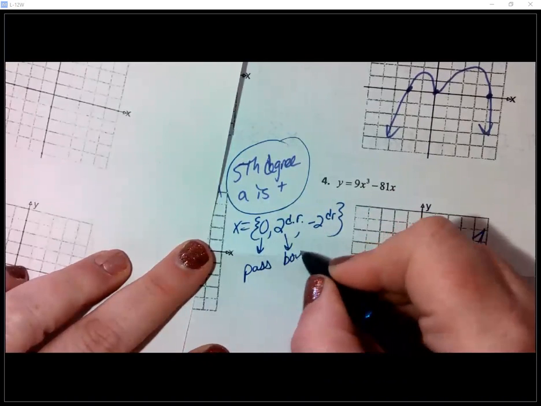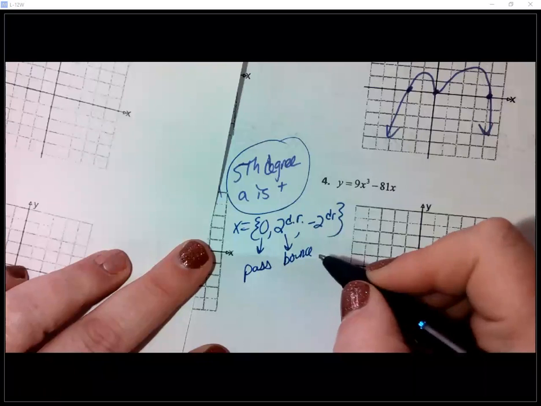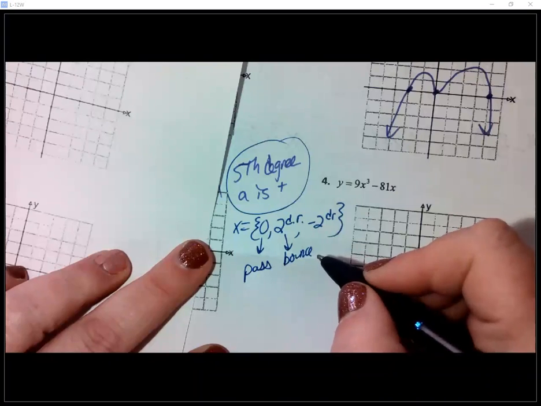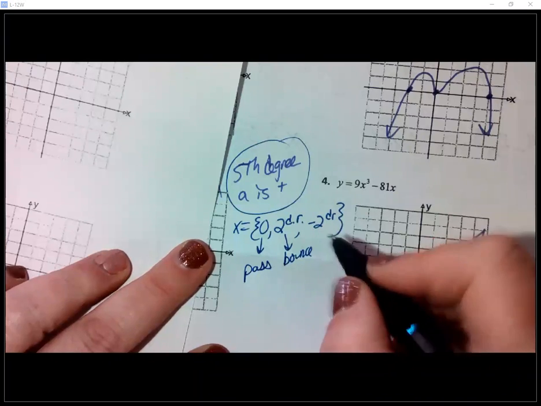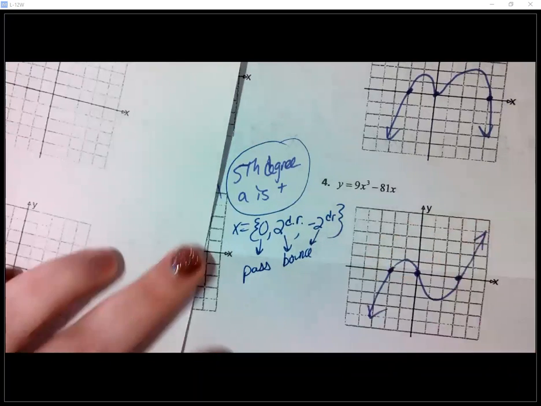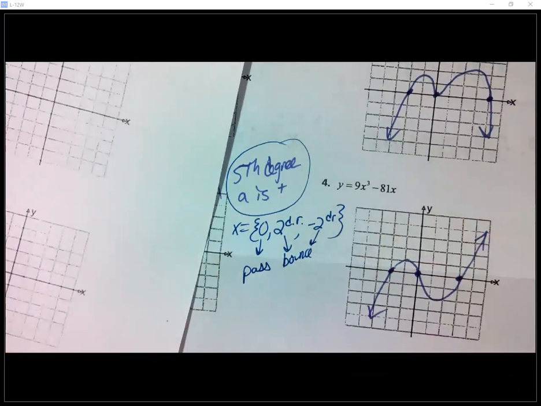Or, I shouldn't say that, any answer that appears an even number of times. So double roots, or something that appeared 4 times, 6 times, that's where it's going to bounce. If it appears an odd number of times, it's going to pass. So my graph is going to pass through only at 0, and then it's going to bounce at both 2 and -2.